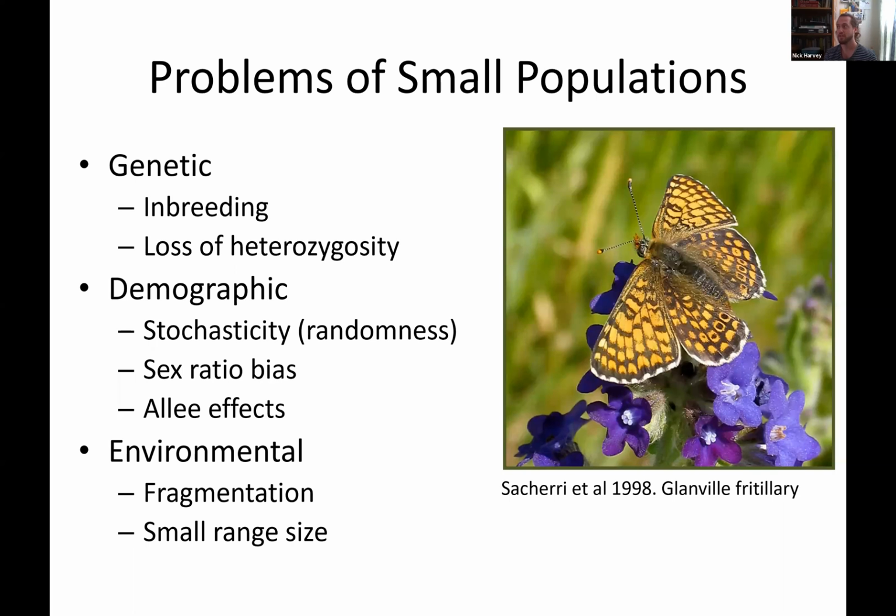So say that a certain number of individuals don't breed every year just due to chance, the fact that they didn't manage to eat enough to store enough resources to be able to breed that year, or just the fact that they by chance didn't find a mate or something like that. So it's not just deterministic effects that cause variation in breeding rates, it can also just be chance things.